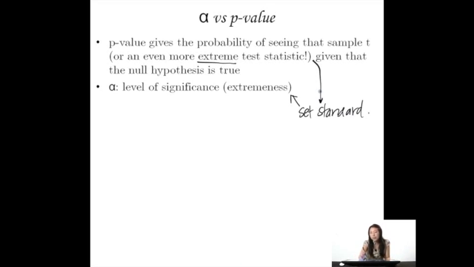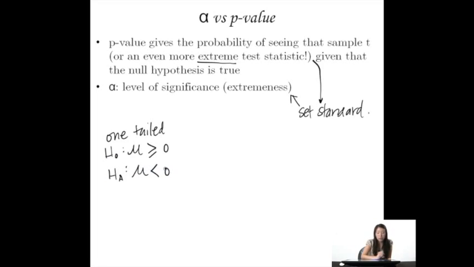Now, I want to talk briefly about one versus two-tailed hypotheses. With a one-tailed hypothesis, you might have something like mu is greater than 0, or your alternative is that mu is less than 0. If your set alpha level is 0.05, then in your SDOM you would only use one side of it, because you're not interested if your x value is way up here.